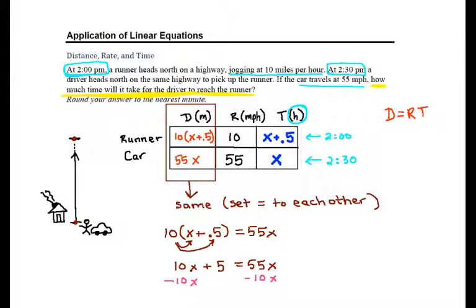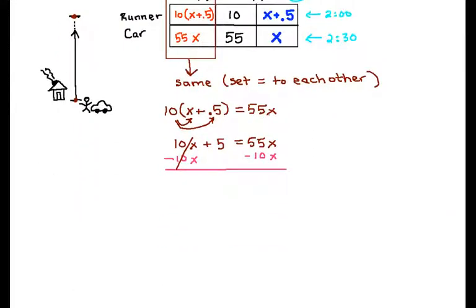Getting my x's on the right will get me there a little quicker than getting them on the left. And this gives me 5 equals 45x. Divide both sides by 45. And I get 1/9.